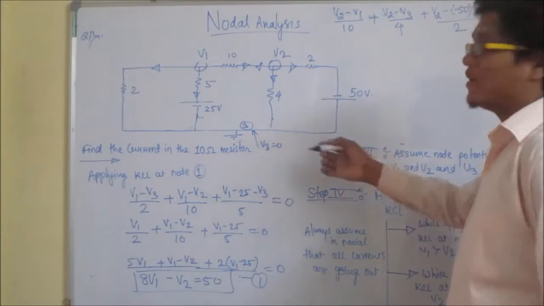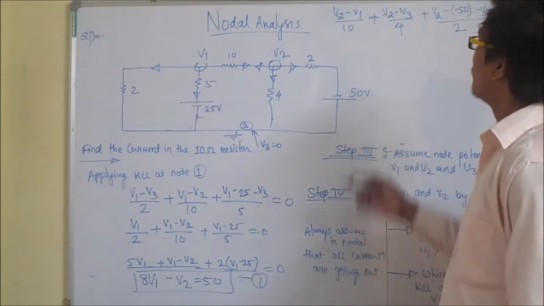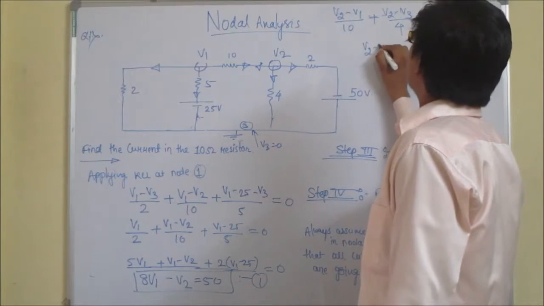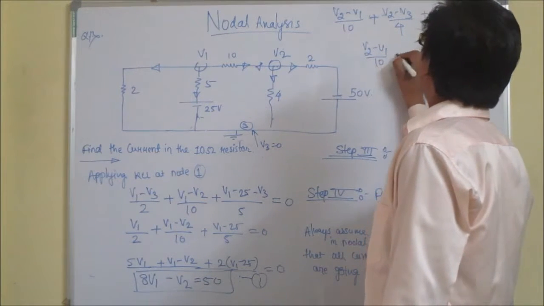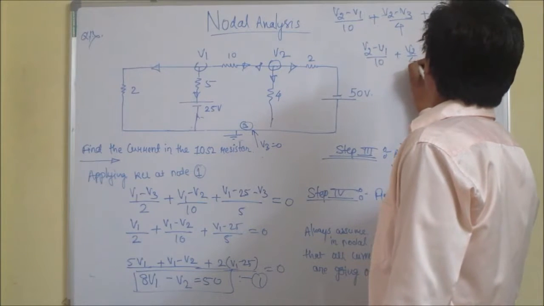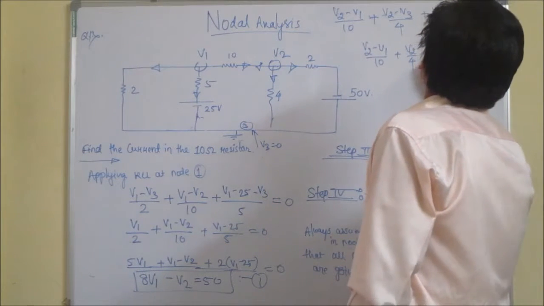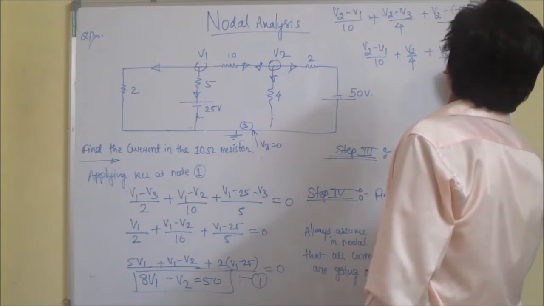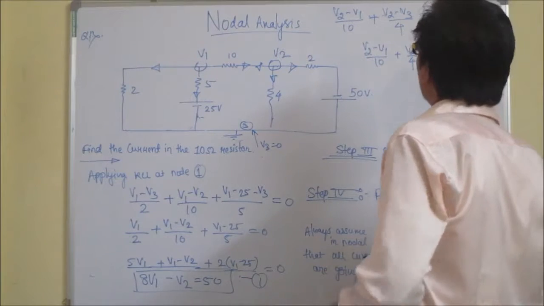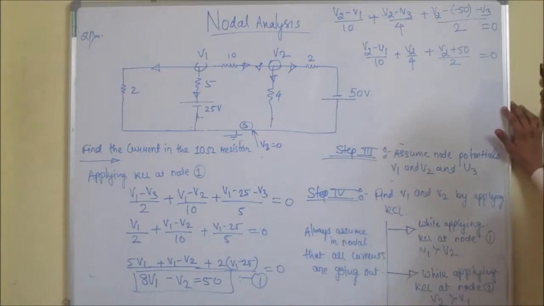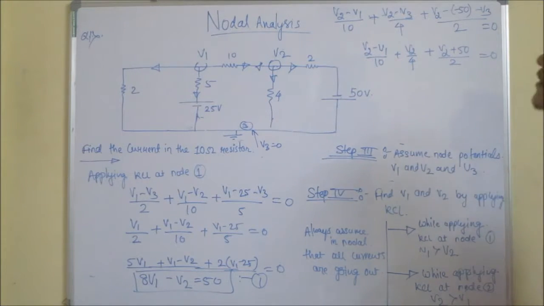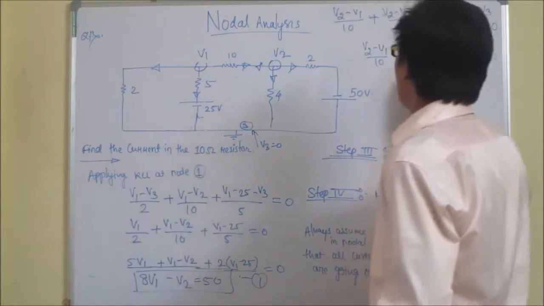Now what is the value of V3? V3 is again equal to 0. Therefore, substituting V3, we are getting (V2 minus V1)/10 plus V2/4 plus (V2 plus 50)/2. Right? Now I will try to make my denominator again equal to 10, because the highest value is 10. So it is also an even term.